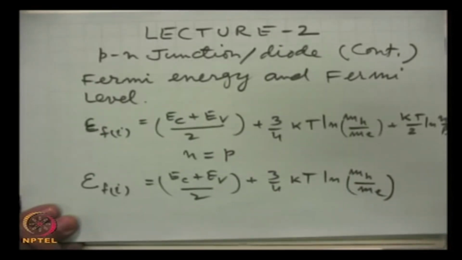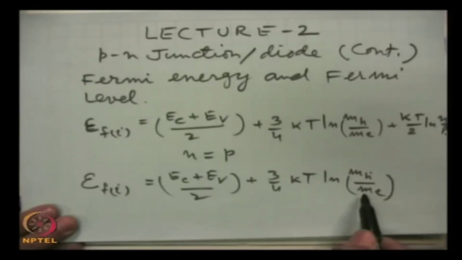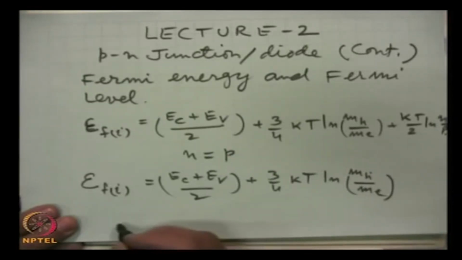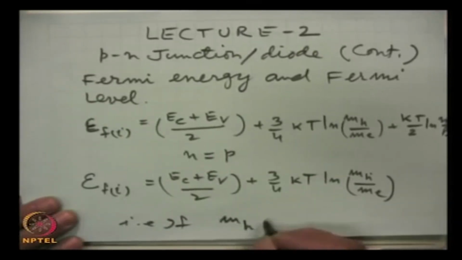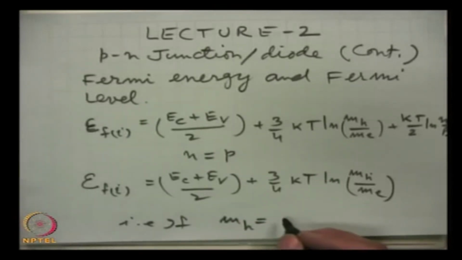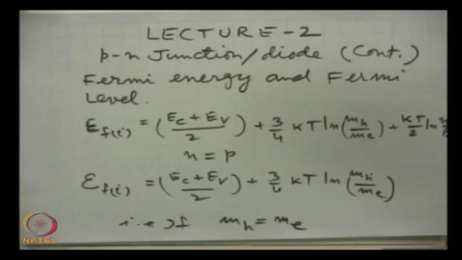If we further assume that the effective mass of hole is equal to the effective mass of electron, actually they are different because the electric field response is different for electrons and for holes, but for the time being they are not too widely different. So, we can assume that the effective mass of hole is equal to the effective mass of electron.